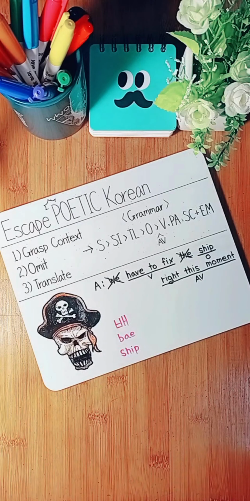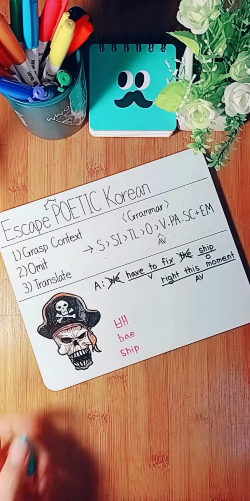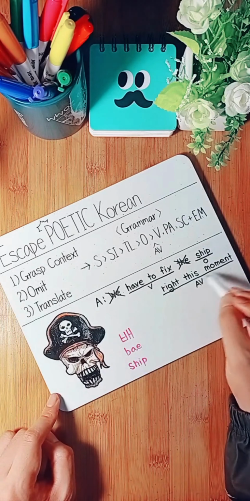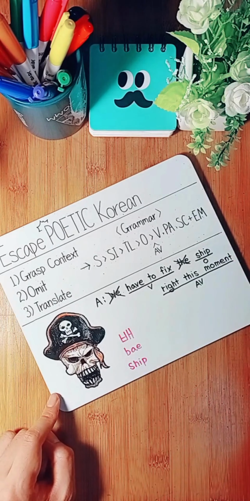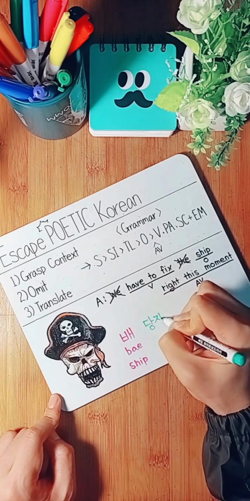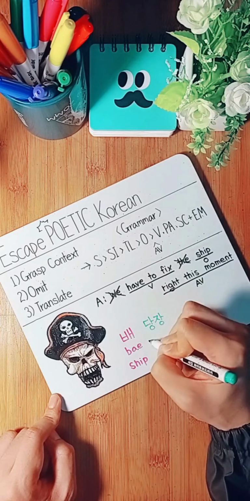Okay, and then an adverb that carries the nuance of right this moment. It's a little bit different compared to right now, right? Because right this moment carries a much more impending and urgent tone. 당장.